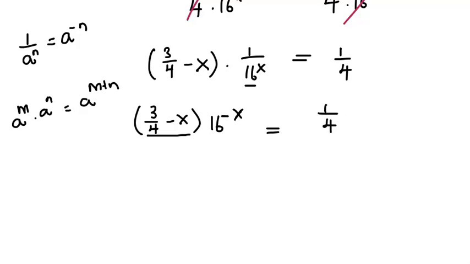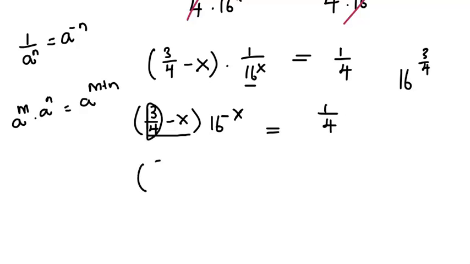So if you use the idea from this property, you will notice that we multiply both sides by a number whose base is 16, but it will have a power that when you sum it with negative x, it will give us the expression in the bracket. So this number is 16 raised to the power of 3 over 4, this 3 over 4 here.